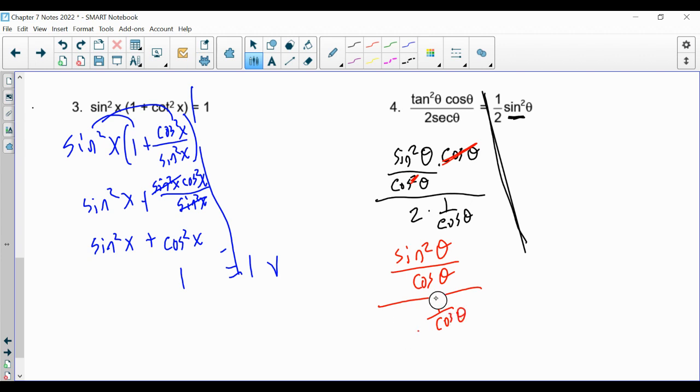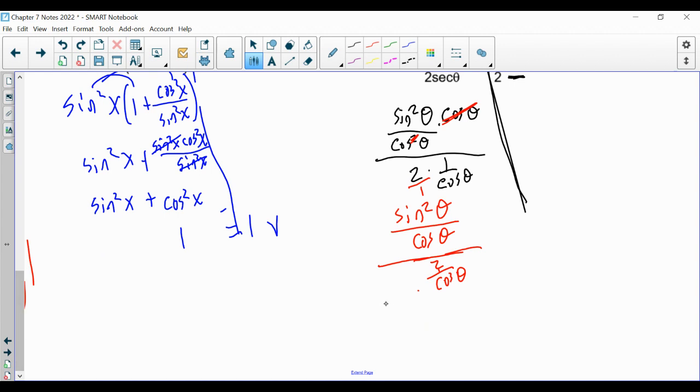Now, you could have written this as 2 over 1. Because, right, it'd be 2 over 1 times 1 over cosine theta. And so now you have a fraction divided by a fraction. So you keep the top the same, and you multiply by the reciprocal, which is cosine theta over 2.